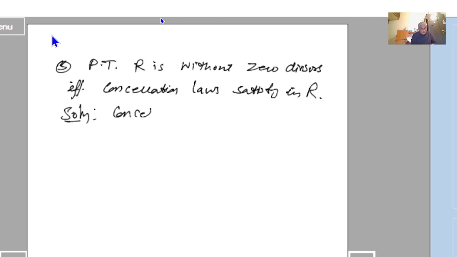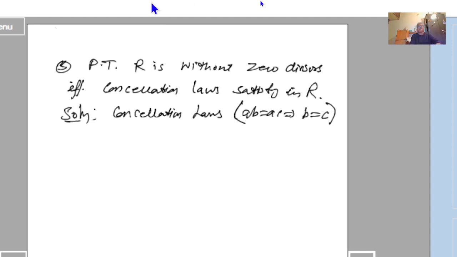Cancellation laws in a ring are: AB equal to AC implies that B equal to C. Cancellation laws hold in groups definitely, but in rings need not. The cancellation law in rings is AB equal to AC implies that B equal to C. This is known as the cancellation law.